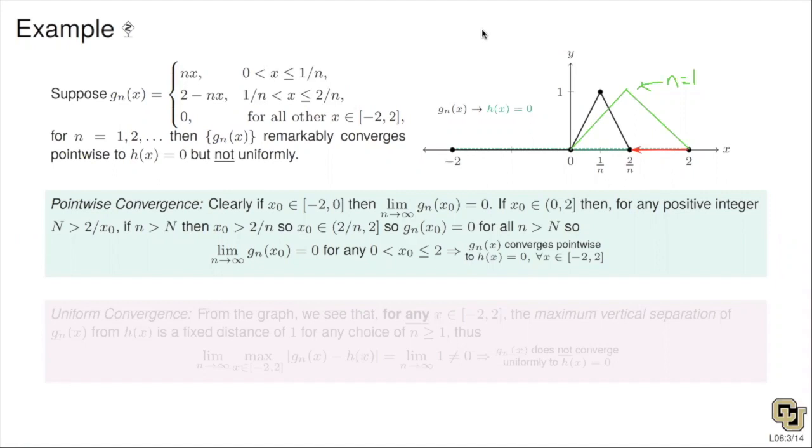But the way the function is designed, there's always going to be one point here at the crook of this elbow that's going to be a fixed distance of 1 unit away. So no matter what n value you pick, there's always going to be one point where the distance from the target is a fixed distance of 1 unit away.